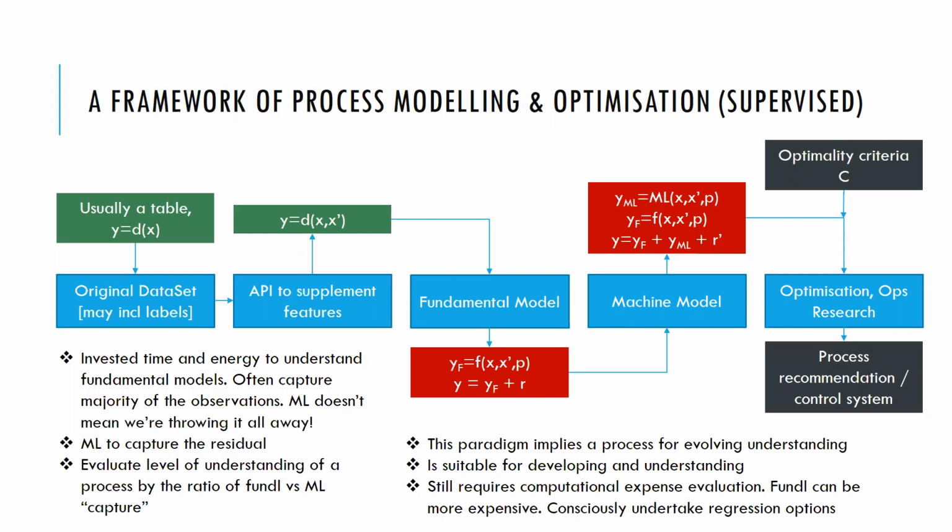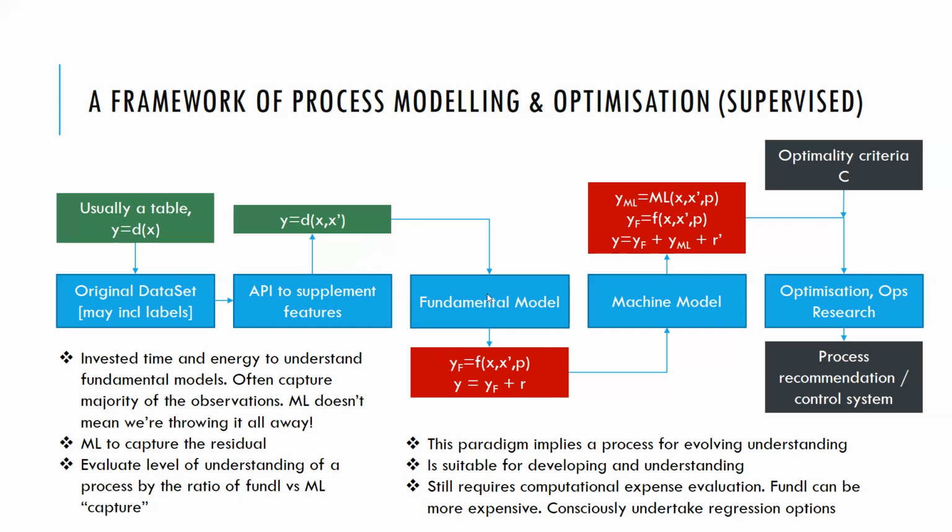It might well be in the literature that someone has worked out the relationship between the vegetation index and the activity of the borehole. So we can propose a fundamental model there. I've used F for fundamental. So we have some kind of fundamental model.